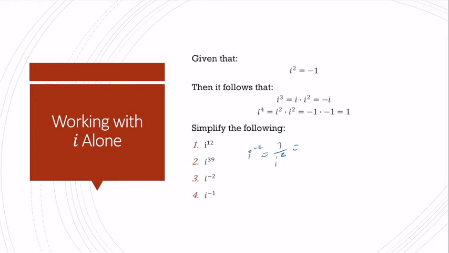Well, i squared is just negative 1, so I'd get negative 1. If I have i to the negative 1, that's going to be 1 over i. Well, that's still a radical, so I have to rationalize my denominator. I would just get i over i squared, which is i over negative 1, so that becomes negative i.